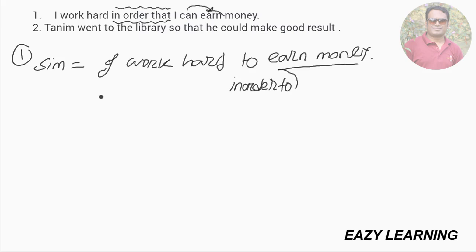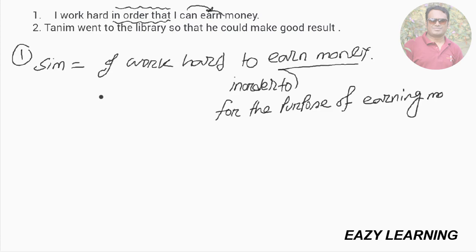So this is also correct. Or I can write another way: I work hard for the purpose of earning money. Why have I written here earning? Because I have already told you, if you write for the purpose of, you have to use verb ing. So this is the rule.